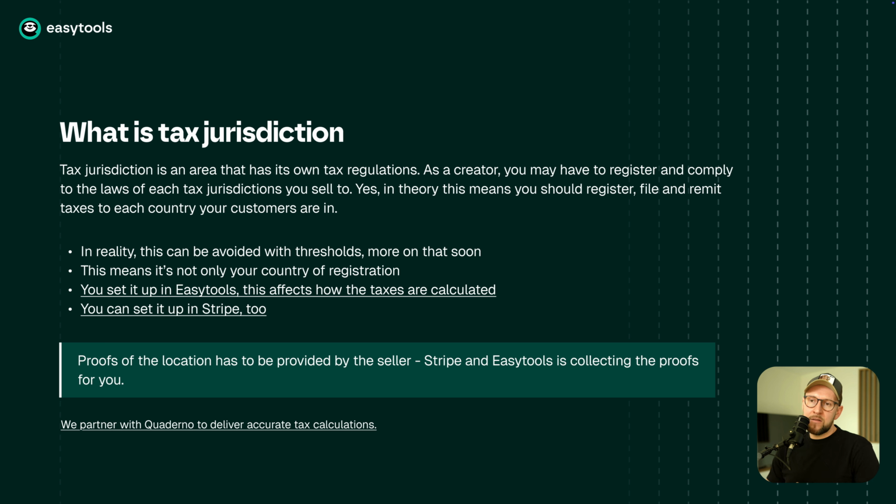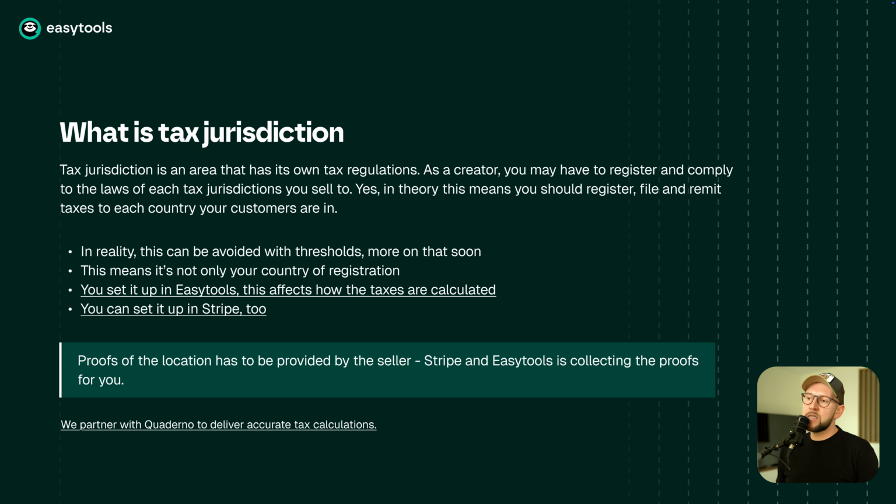This is a bit of a complicated topic, but basically, when someone cheats and says that he's not coming from the country that he's coming from, well, this is on him. But basically, you need to take care to have some location proofs. So one proof is that he selected this country in the checkout. Another proof is the IP, and Stripe collects all the data for you, so it is safe and you can show it to the authorities if you need to.